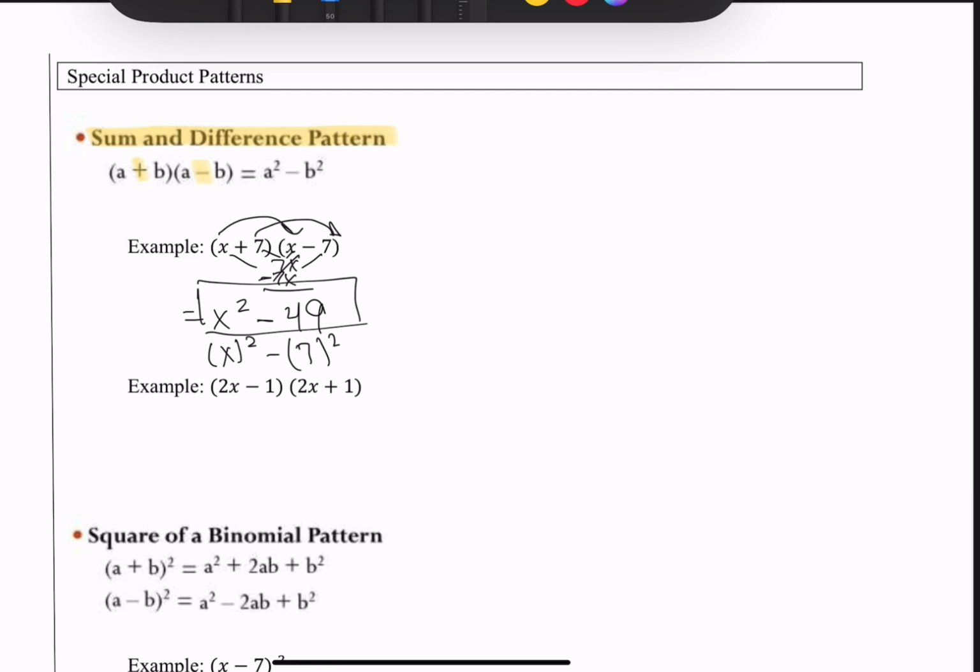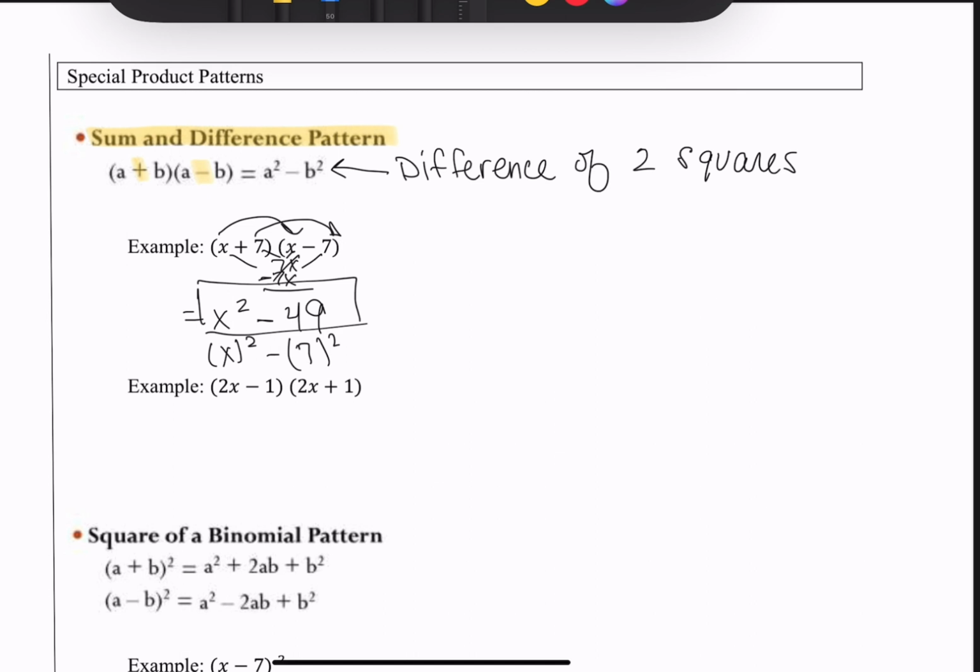Okay, so if we go back up to our sum and difference pattern definition here, what you get right here is called a difference of 2 squares. Please recognize this. It's going to be very, very handy very soon.